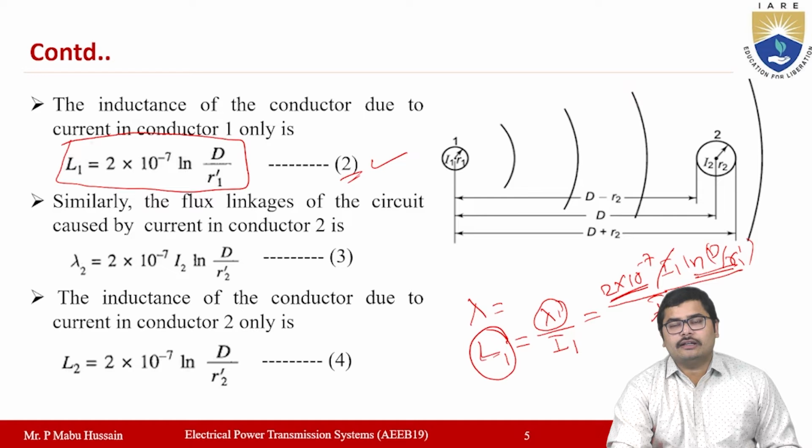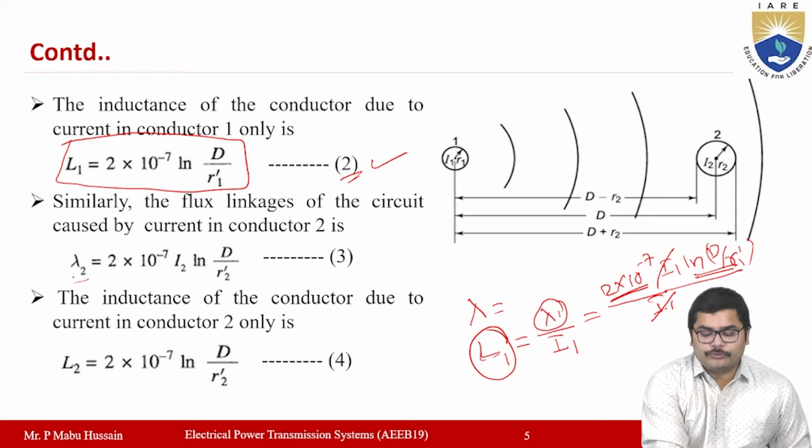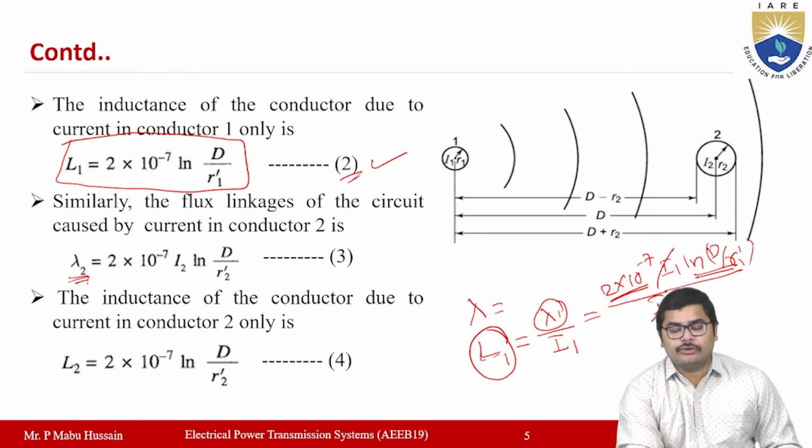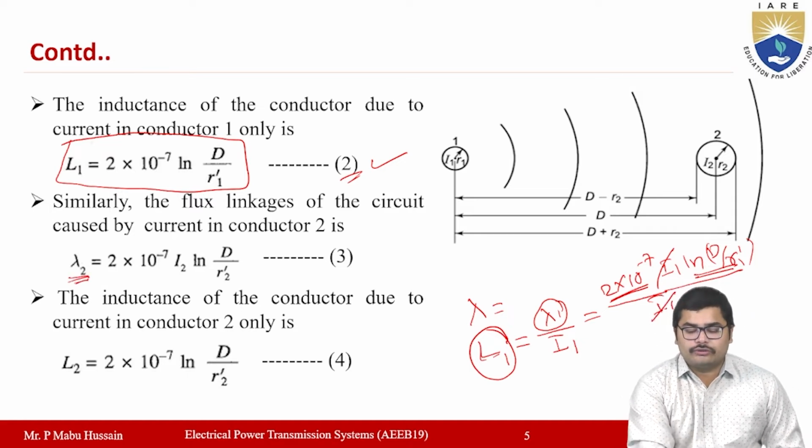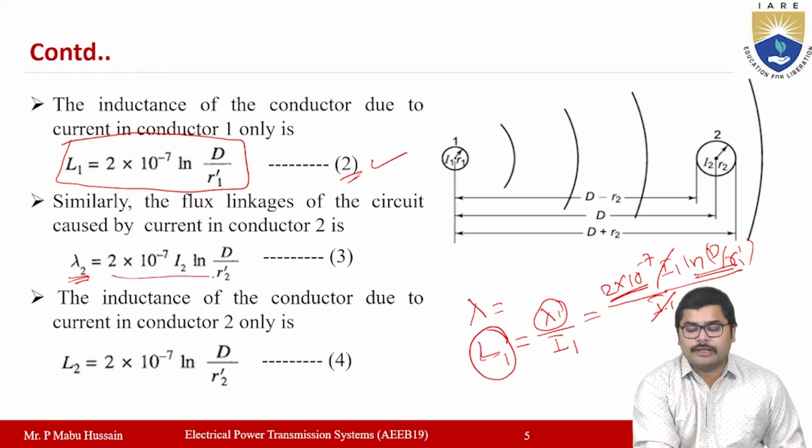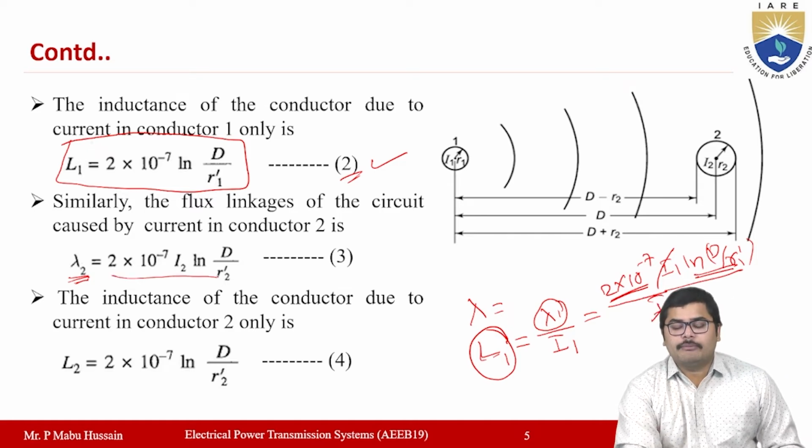So we calculated the flux linkages of conductor 1 by considering the current flowing in conductor 1, and the inductance of conductor 1. Similarly, you can find the flux linkages and inductance of conductor 2 also. If you consider the current flowing in conductor 2 alone, the flux linkages of the circuit caused by current flowing in conductor 2, lambda 2, will be equal to 2 into 10 power minus 7 I2 ln D by R2 dash.